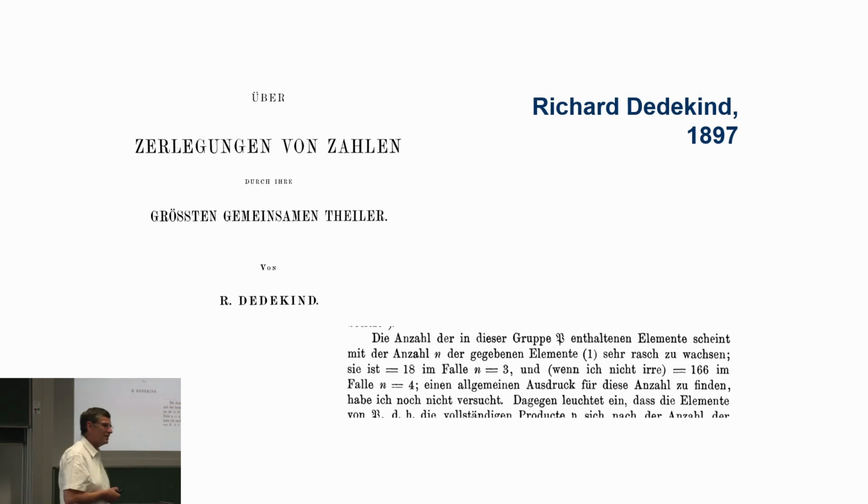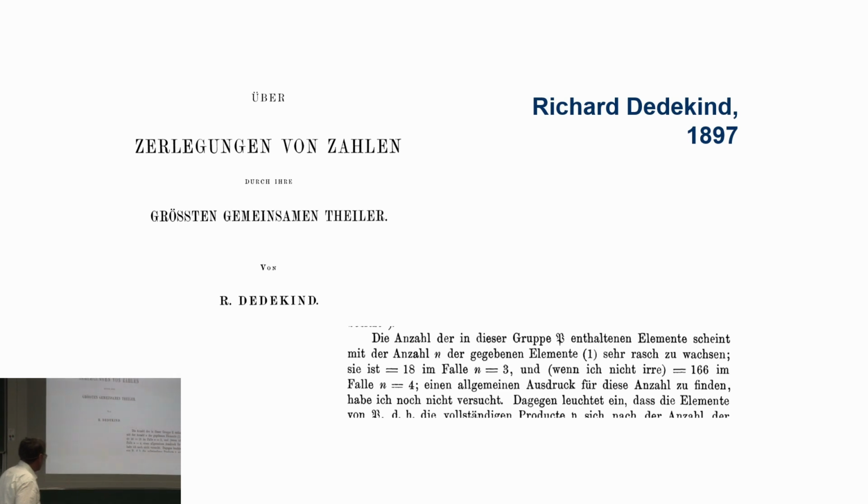So he was interested, and this is really important work. So this paper is an important paper for the structure of these numbers. He realized that it is actually a partially ordered structure, and he described it in detail. And it was the start of a lot of ideas and inventions in mathematics.